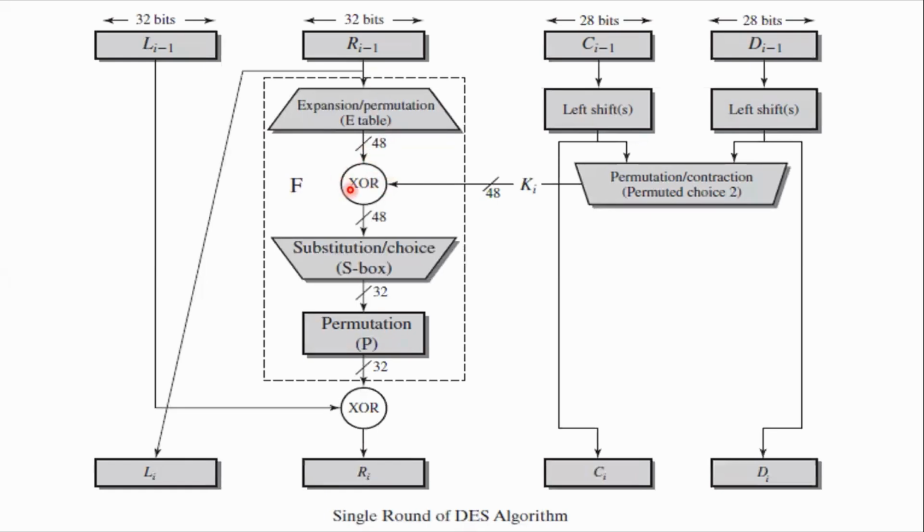The second step is a simple XOR operation. And then the 48-bit output of this Feistel function has to be 32-bit data because it has to be XORed with the left part. So to prepare 32-bit data, you have to reduce this 48-bit into 32-bit. For that, we have seen the substitution box, that is the S-box operation.